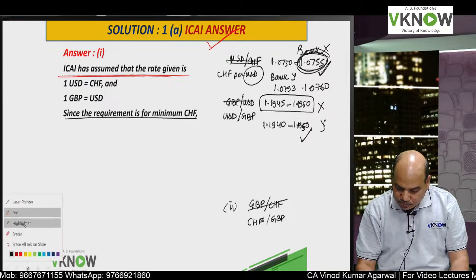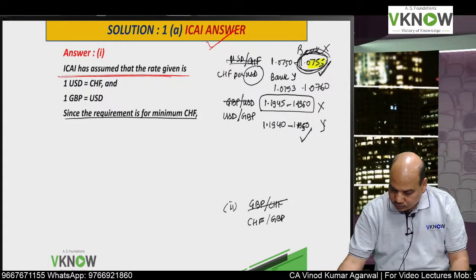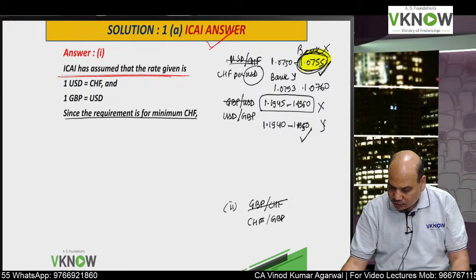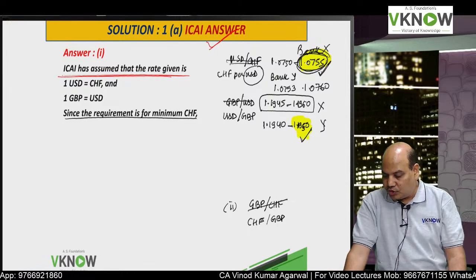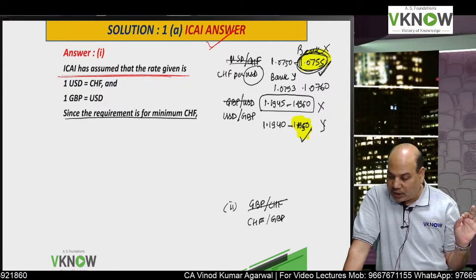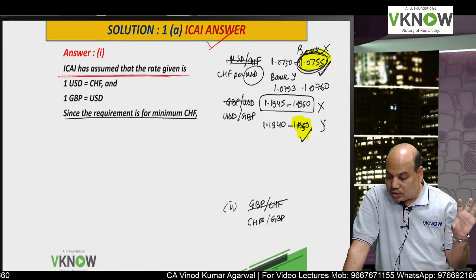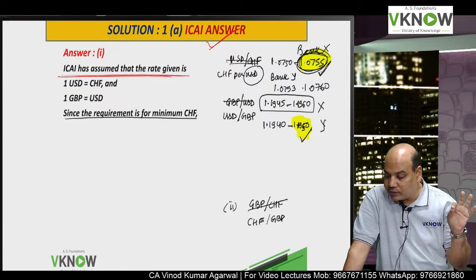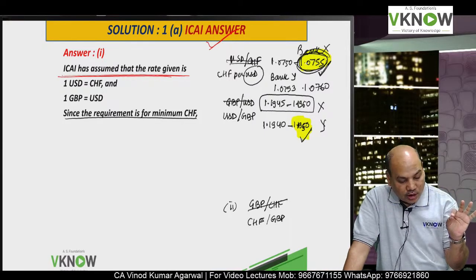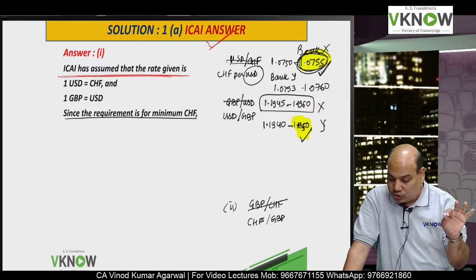So I will purchase USD from bank X and I will purchase GBP from bank Y. I will purchase USD from bank X because bank X has a lower ask rate for USD, and bank Y has a lower ask rate for GBP.